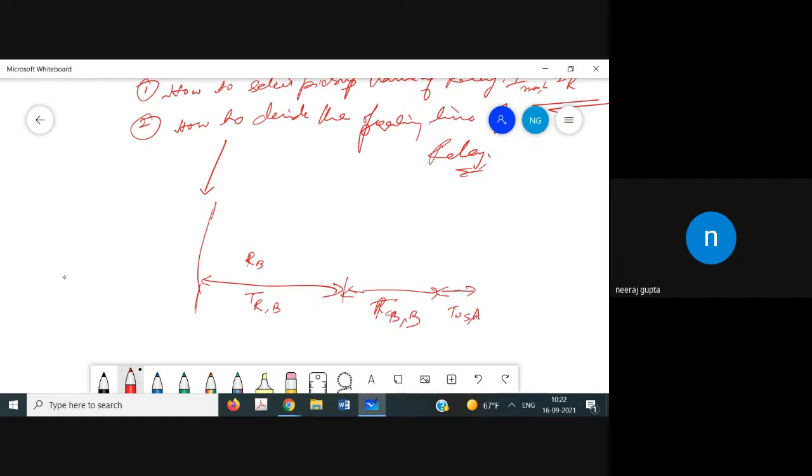So if you take the operating time of A, that is TA, this is equal to TRA.